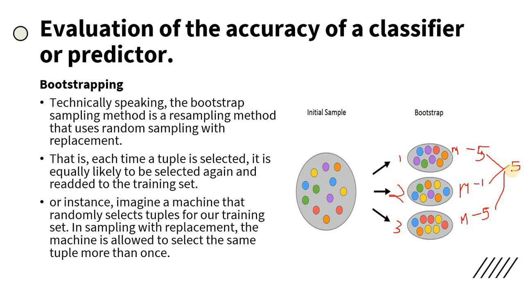So in the bootstrapping method, we divide our data using the sampling with replacement method, apply this data to the model, and it generates some results. Based on the votes, we take our final results. So this is how we can evaluate the accuracy of a classifier or predictor. So that's it. Thank you so much.